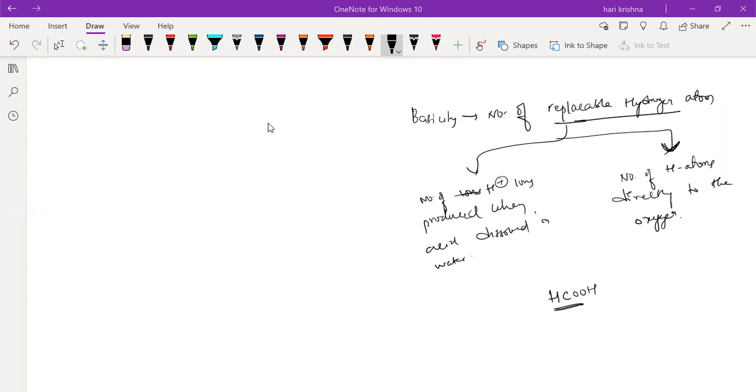Can you repeat the question, sir? HCOOH is there, right? Yes, sir. In that, how many replaceable hydrogen atoms are there? One is for thumbs up, two is for raising hands. If you don't know the answer, you can clap.